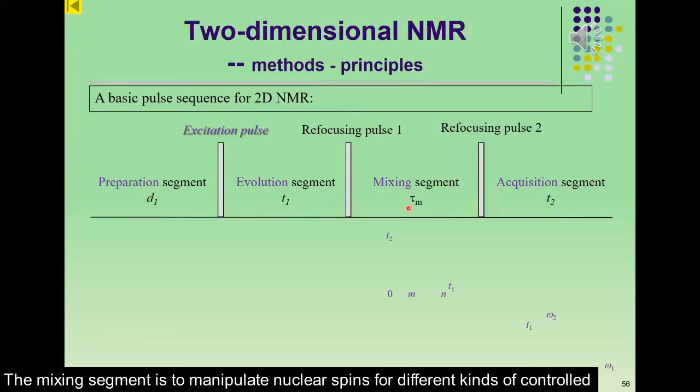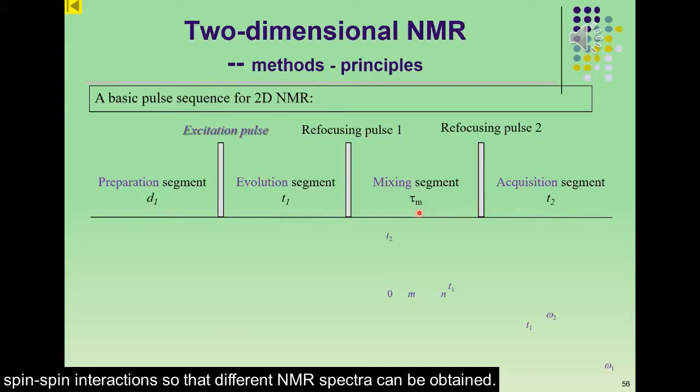The mixing segment is to manipulate nuclear spins for different kinds of controlled spin-spin interaction so that different NMR spectra can be obtained.